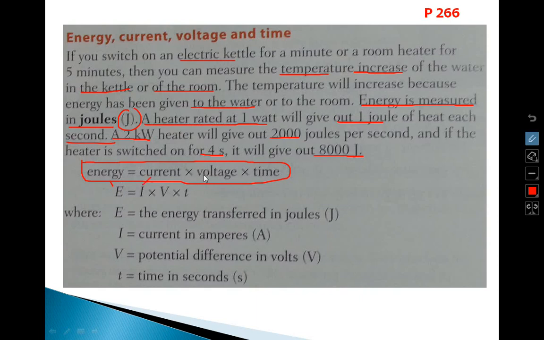Energy is equal to current times voltage times time. E is equal to I times V times T. E is energy transferred in joules, J, I is current in amperes, A, V is voltage in volts, T is time in seconds. Sometimes time could be in minutes, or current in milliamperes, so we need to have the same units: amperes, volts, seconds, joules. So the final formula to control energy, current, voltage, and time is energy equals current times voltage times time. E equals I times V times T.